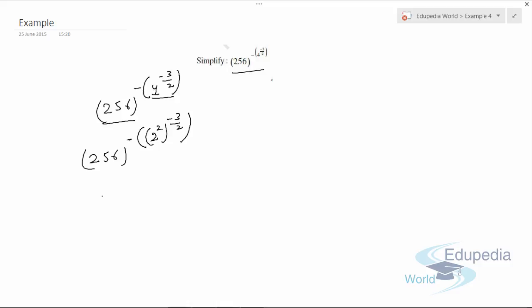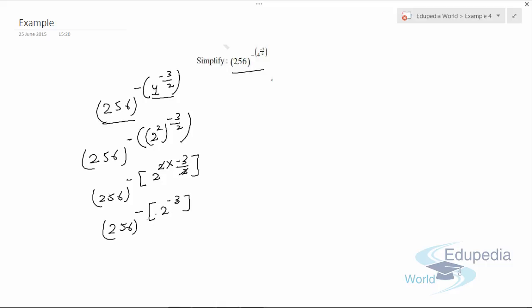So it can be written further as 256 raised to power minus (2 square, so it will be 2 into minus 3 by 2). So this and this will cancel out, bracket close. So it will be 256 raised to power minus 2 raised to power minus 3.